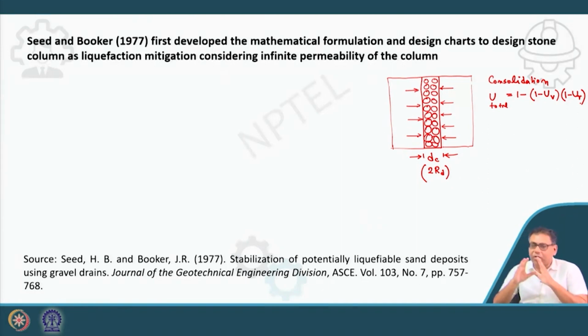Depending upon the soil type, it has been observed that for a total degree of consolidation, your radial degree of consolidation is around 80 to 85%, and the remaining will be the vertical consolidation. So, that is why sometimes we neglect the vertical consolidation and we consider the radial consolidation only when you use the stone column.